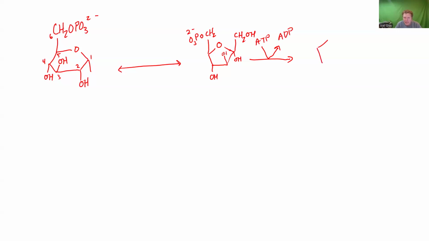I'm going to get the same 5-membered ring. OH, OH, CH2, again, OPO3 2 minus, then OH, and now I've got H2C, just organization.